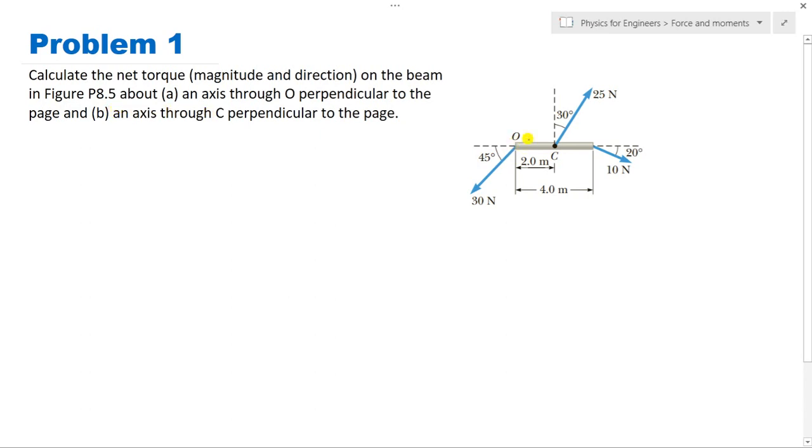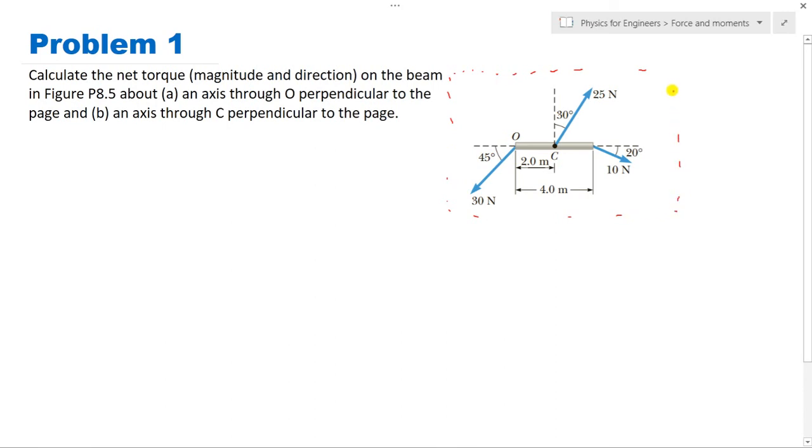This is from the book. Part A: about an axis through O perpendicular to the page. Part B: an axis through C perpendicular to the page.